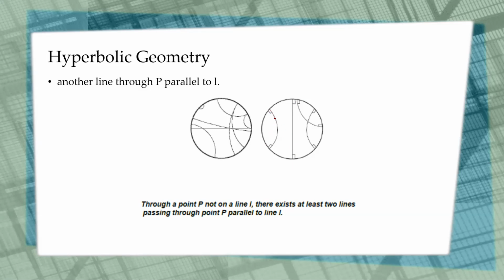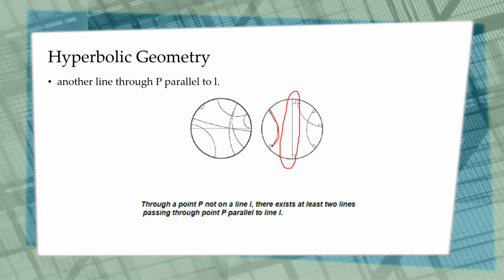But in hyperbolic geometry, it's possible that for a given line, there are at least 2 lines that pass through a point, not on the line, but parallel to that line. So ito yung example. Ito yung line natin. Merong point ito.